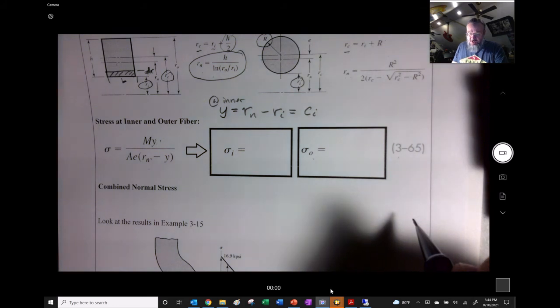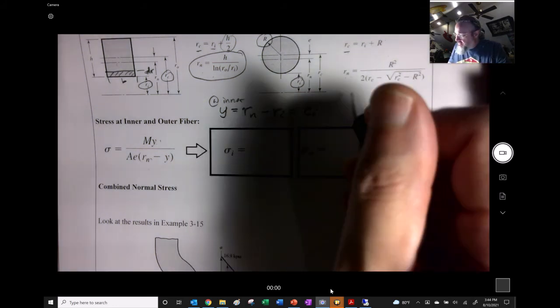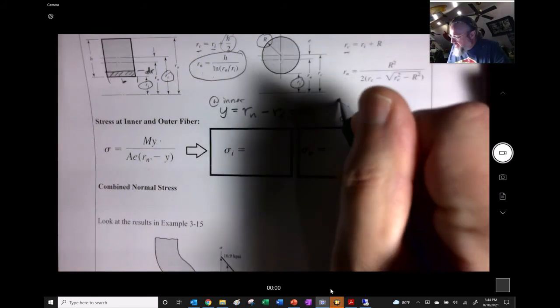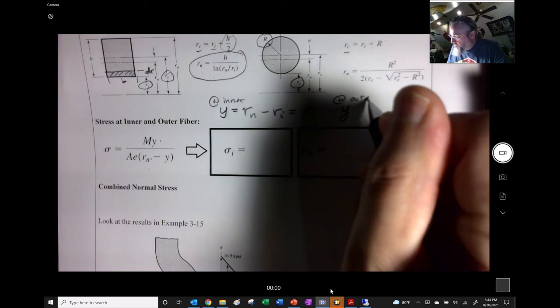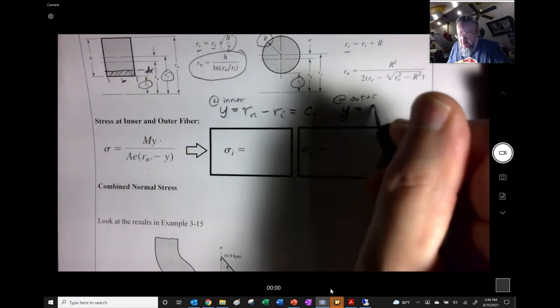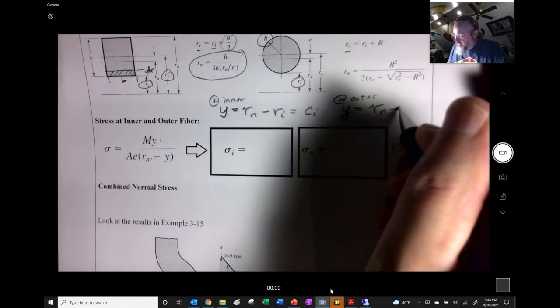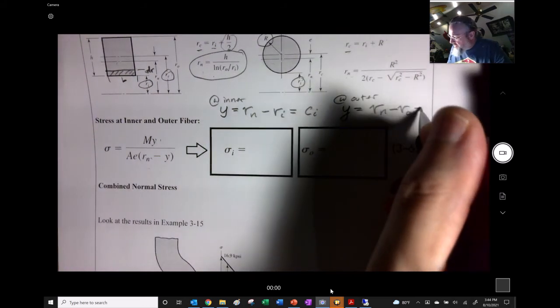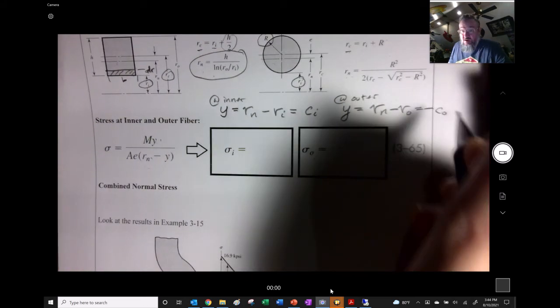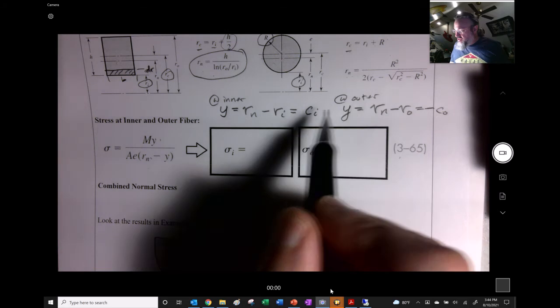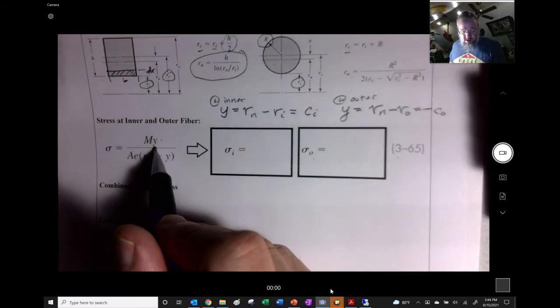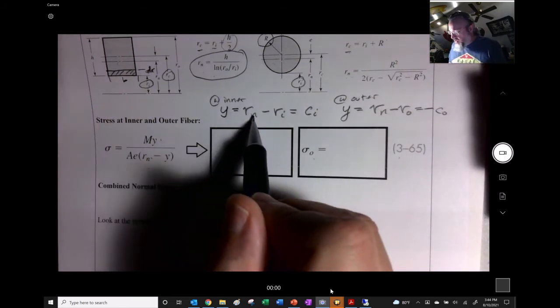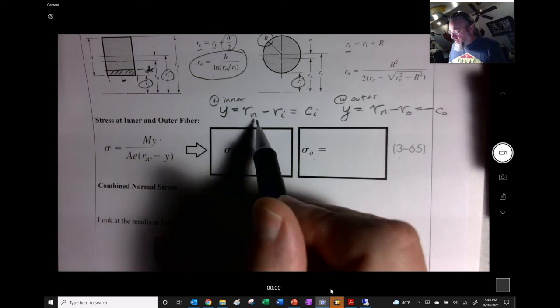We could also say that y at the outer is equal to Rn minus Ro, and that's actually equal to minus Co right there. So if we substitute those back in, one of the things that's going to be nice for us is that the Rn is going to cancel out in there.